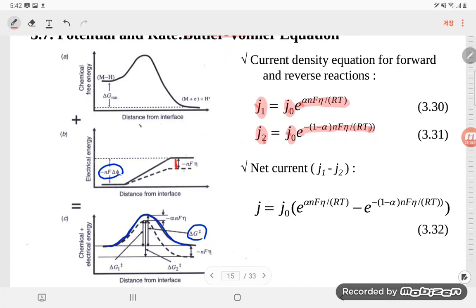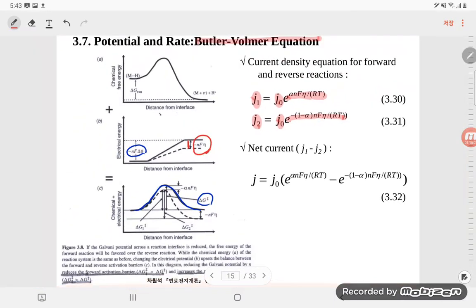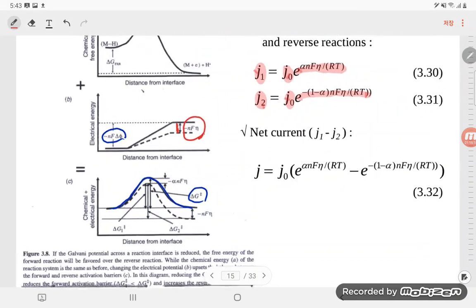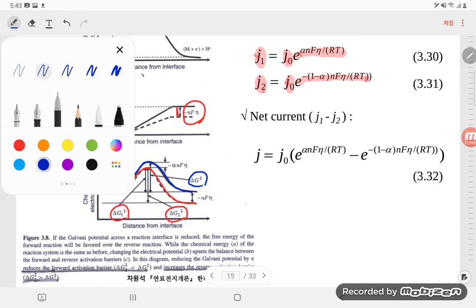We can sacrifice, that means a sacrifice of the electrical energy with the amount of this value. Then the energy curve can be drawn as follows. Okay, then what is the meaning of this curve? There is a changed activation barrier in the forward direction, and the reverse direction activation barrier is also changed from the original.